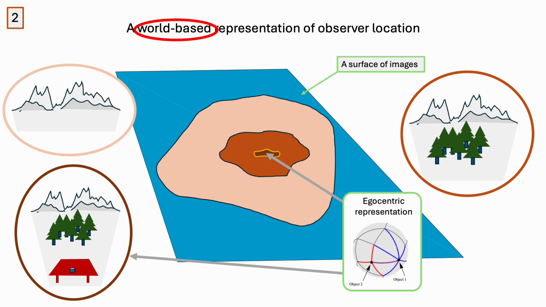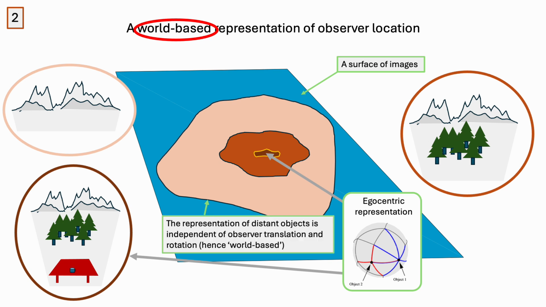So an egocentric representation from a single location is at one point on this surface of images, and it has a hierarchical address, with the coarsest version of the address being what happens with the mountains, a medium level with the forest, and a very fine level of telling you where you are using the images that include the picnic table.